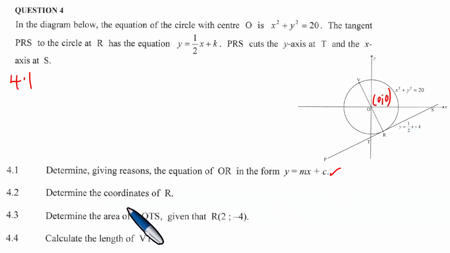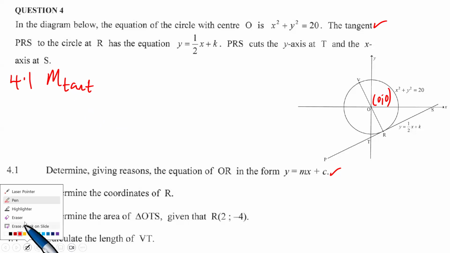Now to find the equation of OR, there are a couple of things that remain very important. Very smart question. You need to note that first we have the tangent. So you have the gradient of the tangent. What is the gradient of the tangent?